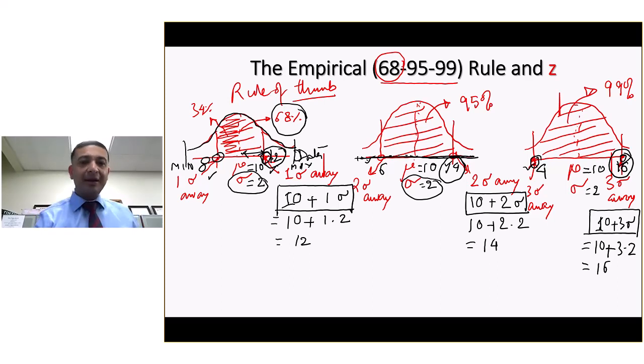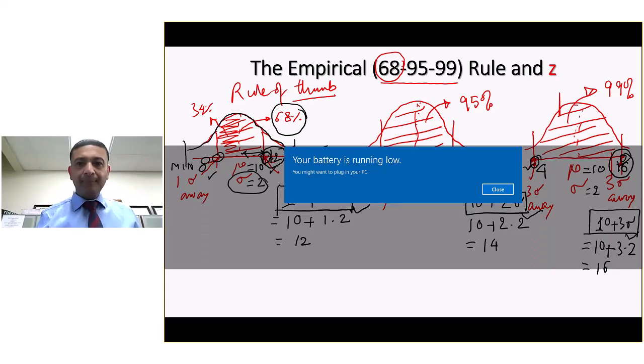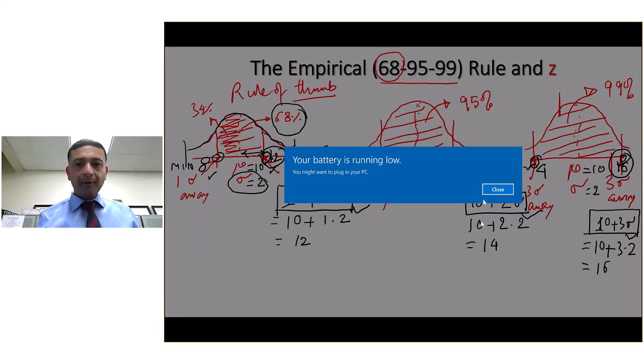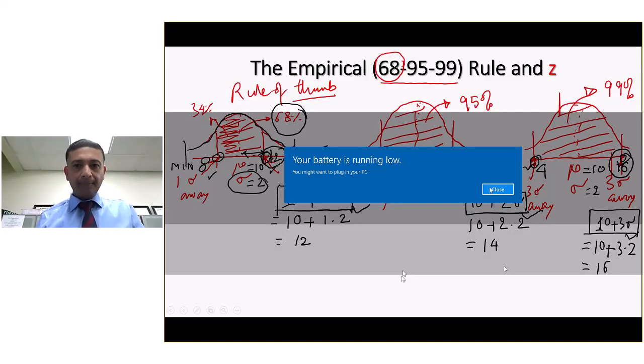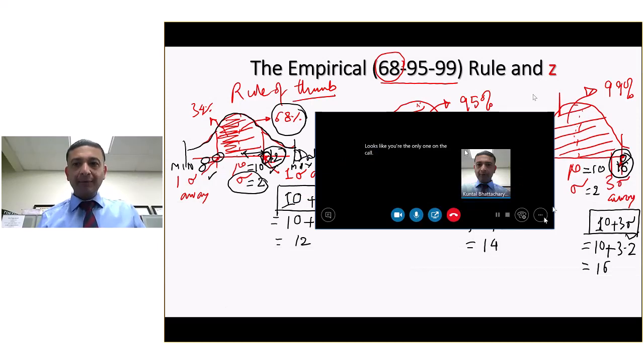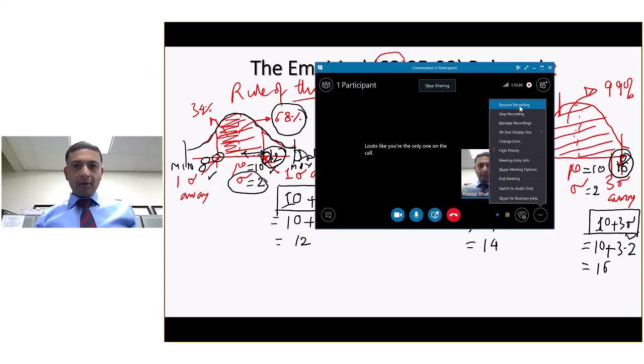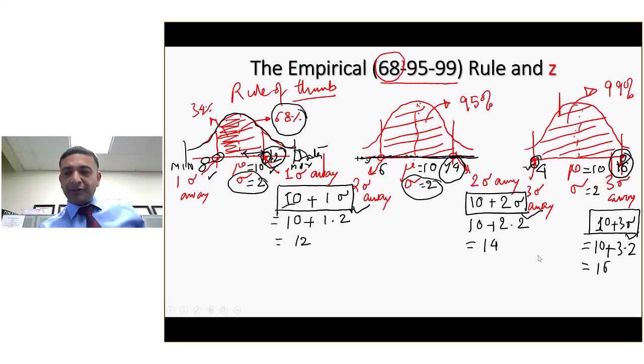Now I want you guys to take a step back and look at those 3 rectangular brackets that I have created. 10 plus 1 sigma, 10 plus 2 sigma, 10 plus 3 sigma, where 10 is the mean that is the same across the board.